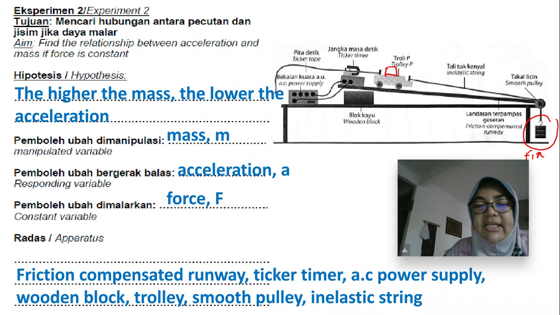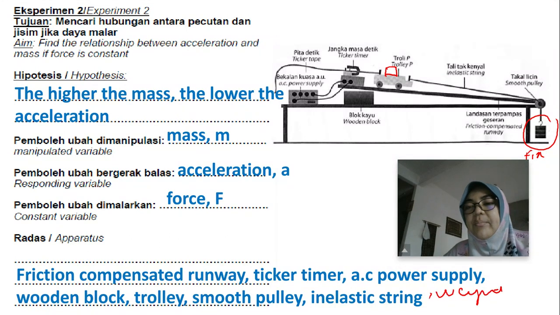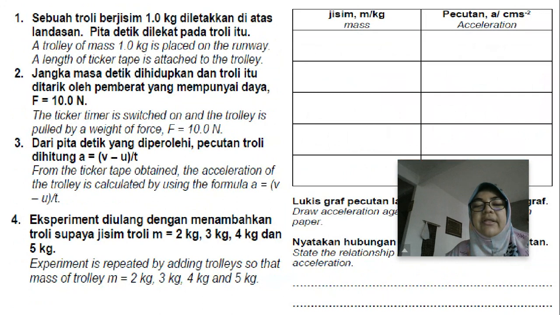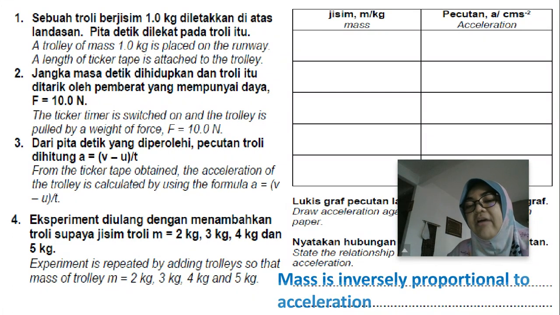What is not here is the weight; we put it at the end of the inelastic string. The method is more or less the same, just that the mass on top of the trolley is changed. After we draw the graph, we will see that the mass is inversely proportional to acceleration.